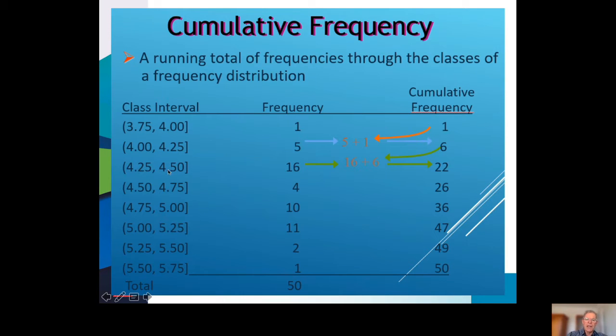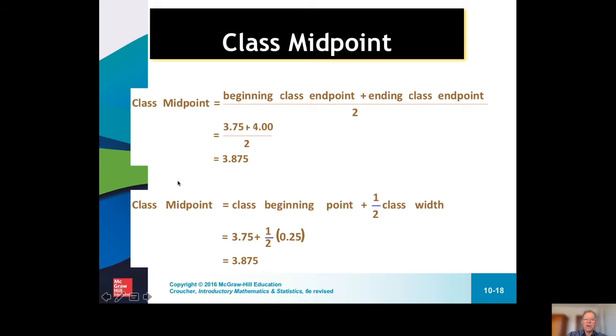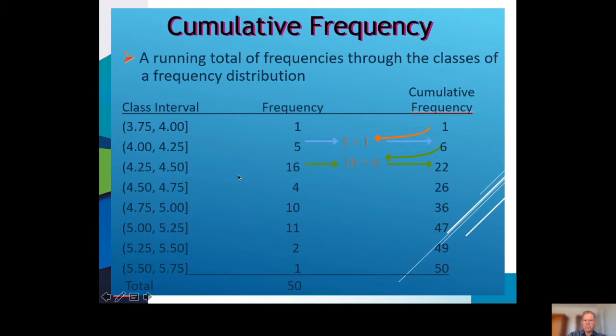Where were they? We make the assumption that, look, let's use the midpoint as an indicative value of this particular class interval. So that's the reason: find the beginning value and the ending point and divide by 2, and we'll use that when we're doing our calculations.